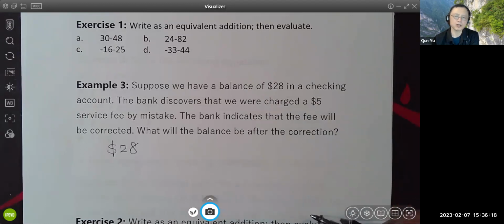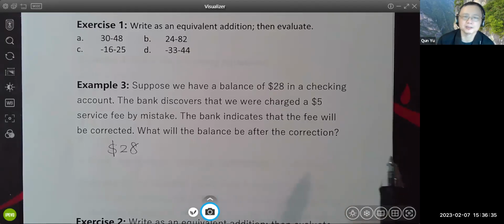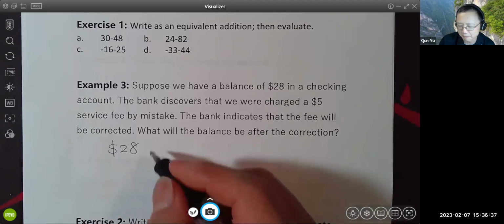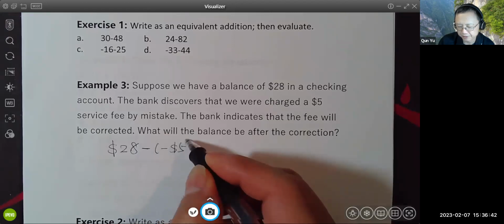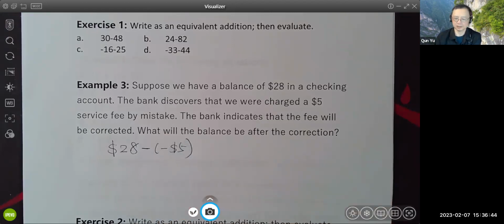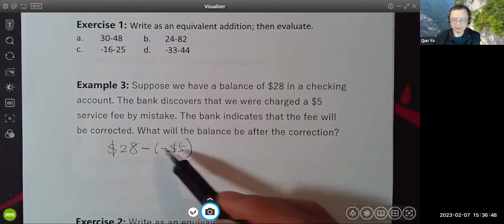When they take away the mistaken amount, which is negative, it is equivalent to they refunded you, right? They take the charge away. It's equivalent to they didn't charge you in the first place, so to speak, right? So take this charge away. The charge is negative. That's your own balance. Now, negative equals positive.